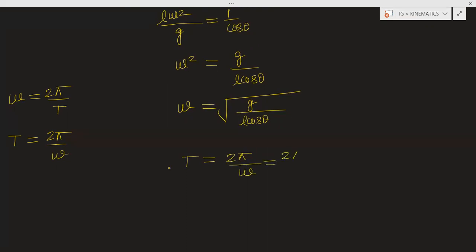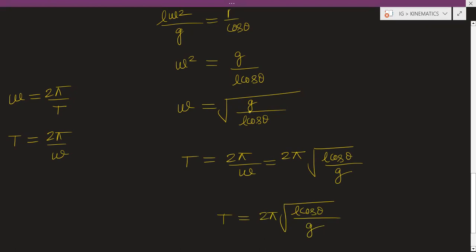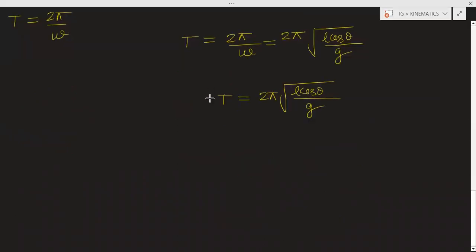So when you write 1 by omega, it will become L cos theta divided by g. So finally the time period will be 2 pi under root of L cos theta divided by g. So this is the time period you will get.